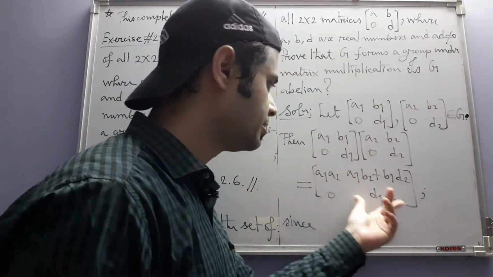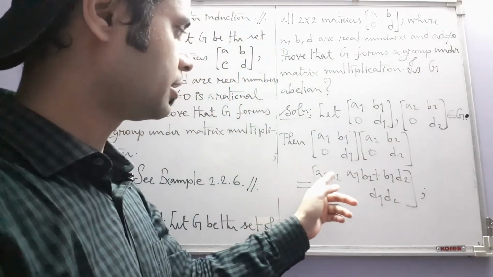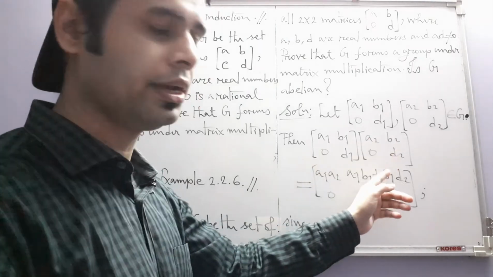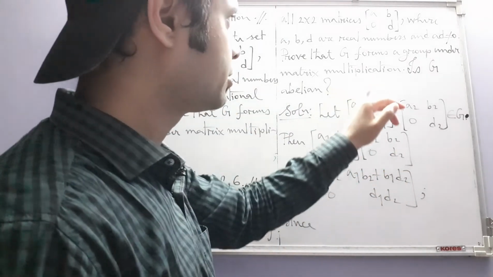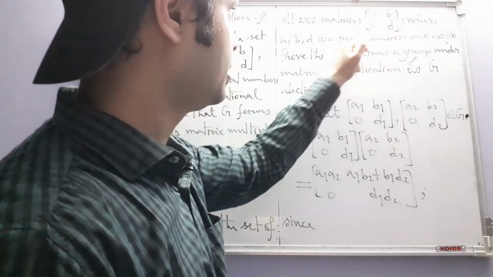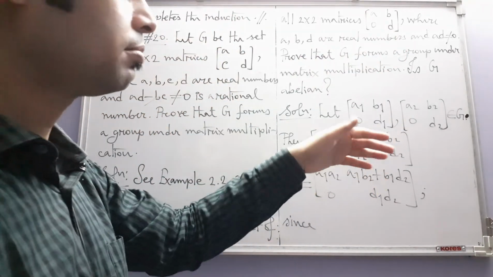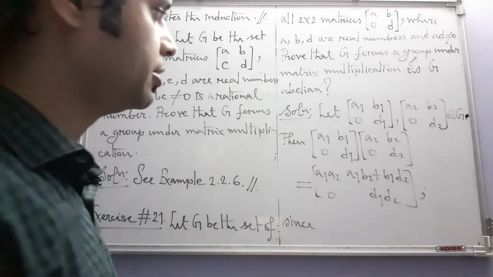These entries are clearly real numbers because the individual entries here were all real numbers. Now what about the determinant? Here the determinant is AD, that is the product of the diagonal elements.